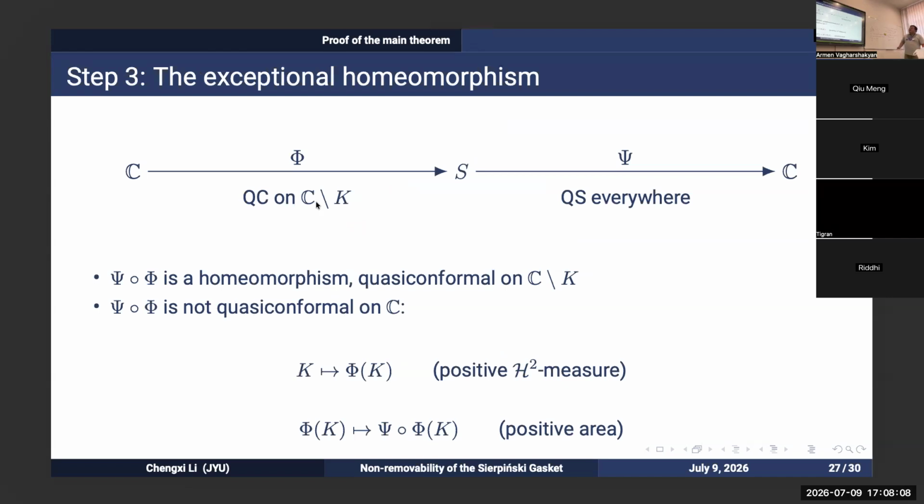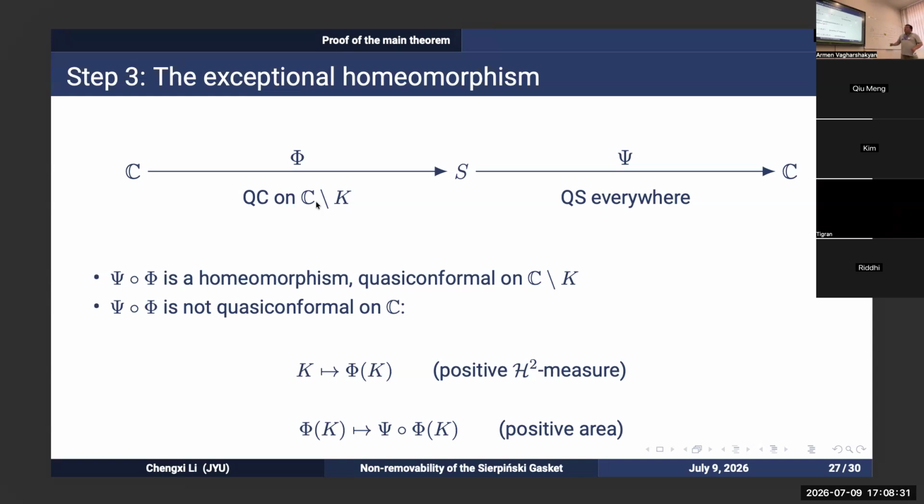And then under this, we can show that there exists the exceptional homeomorphism, because we need to use the Bonk-Kleiner theorem. The first thing is that we define the map from C to S, where S is the mapping surface we just constructed in step 2.